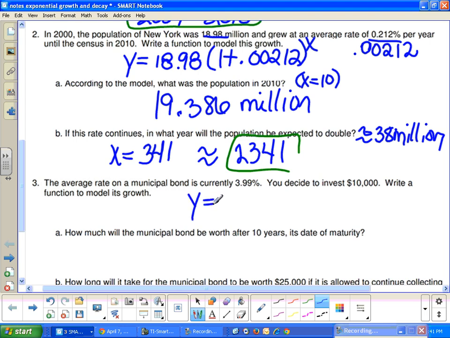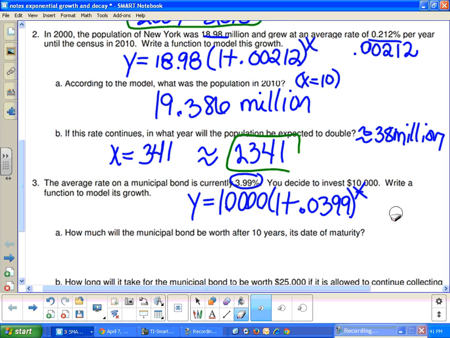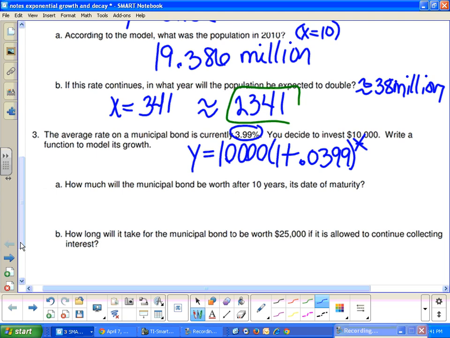For 3, we've got y is equal to, this will now be a. In this case, our a is 2,000. 1 plus our rate, we're going to rewrite this as a decimal, 0.0399 to the x. And then we can put that in the calculator.